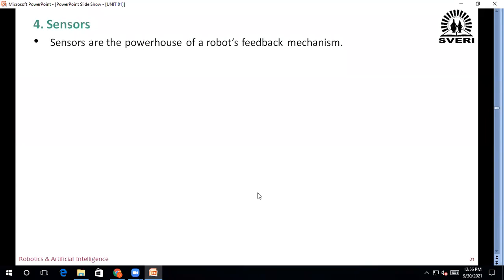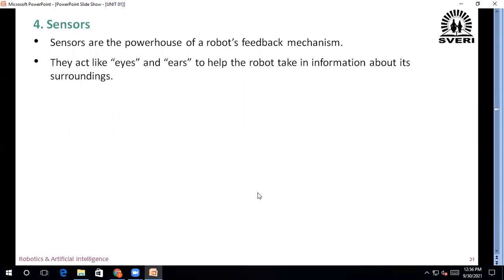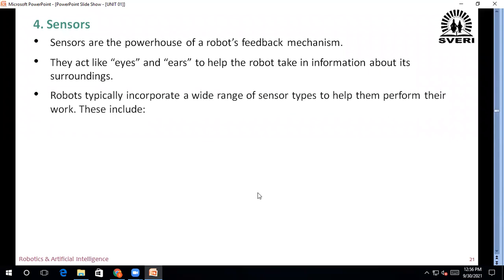Sensors. Sensors are the powerhouse of a robot's feedback mechanism. They act like eyes and ears to help the robot take in information about its surroundings. Robots typically incorporate a wide range of sensor types to help them perform their work.